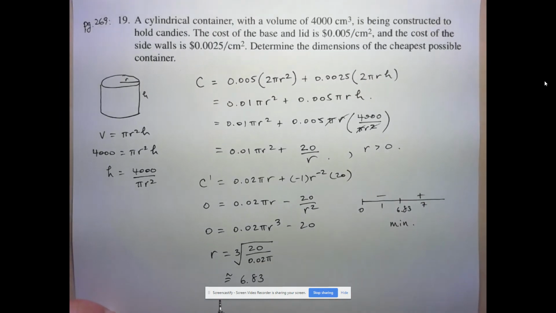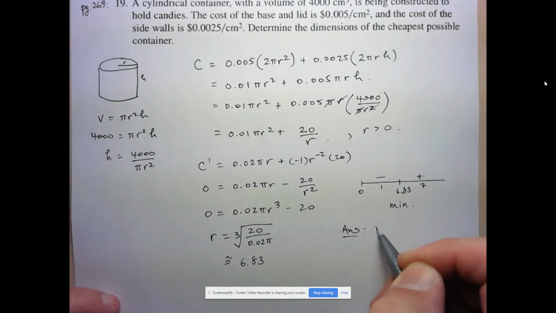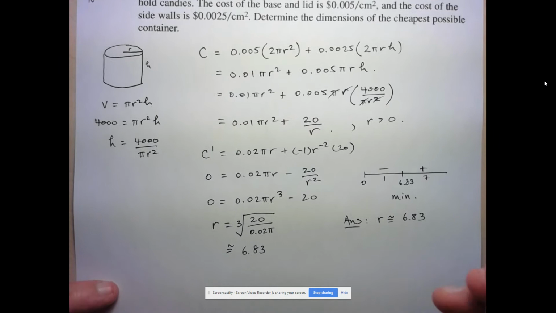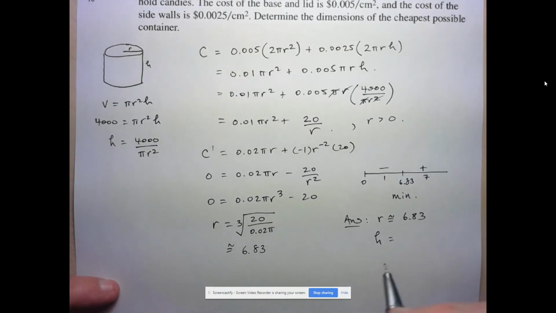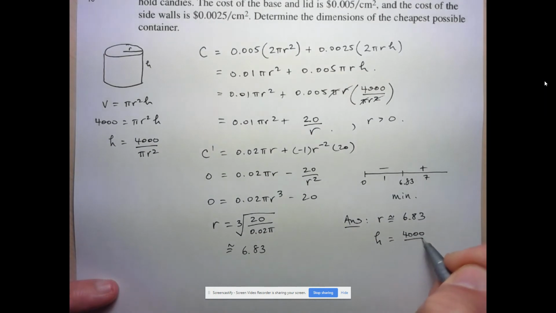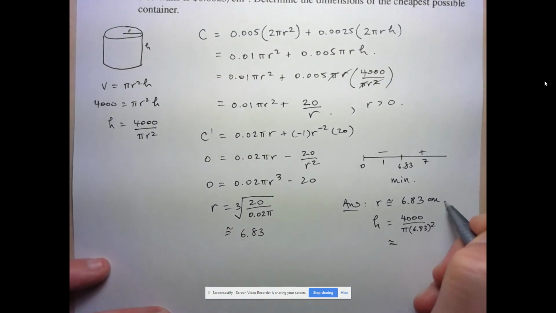All right, so we've actually found one of the dimensions. Okay, we found the radius is going to be approximately 6.83, and the other dimension is going to be the height, which is given by this relationship here. So 4,000 divided by pi times 6.83 squared. And by the way, this is going to be in centimeters.